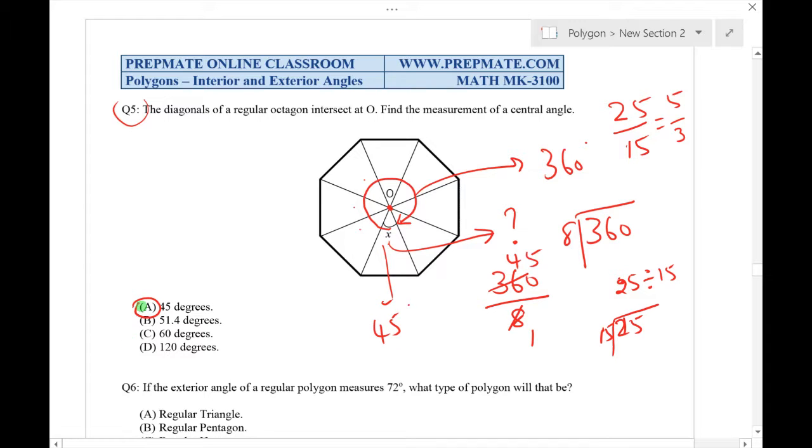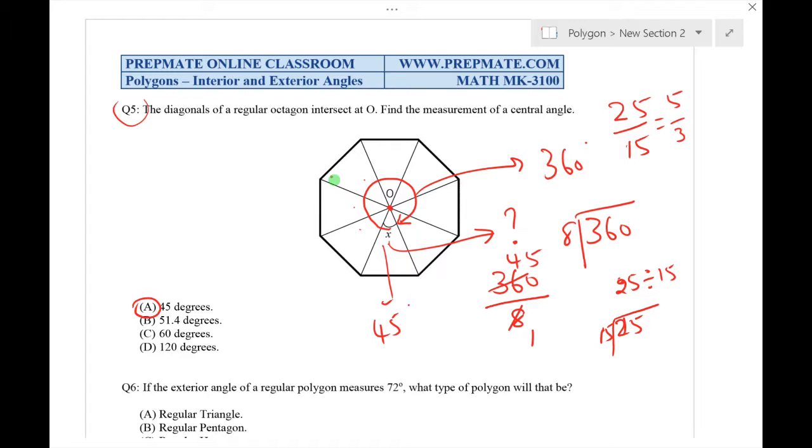Did you get it? Did you go about finding this? All right, that's fine, because when you're talking about interior and exterior angles, you would be tempted to solve the problem in a different way, but always try to see what you need to solve to find out the measurement of a given angle.